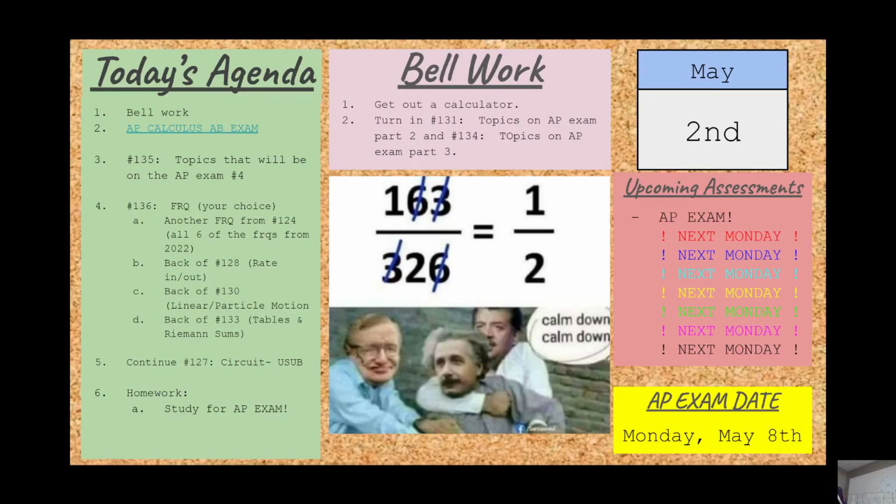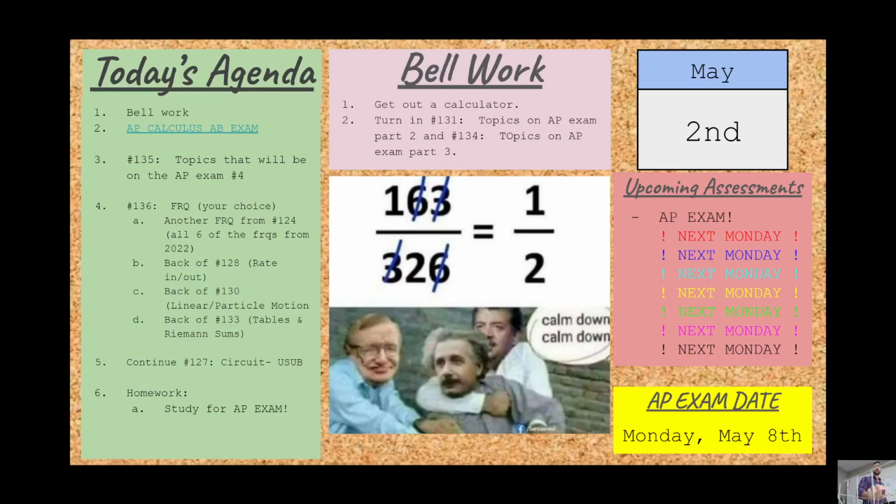Oh, our bells are turned off, but it should have gone off. So there are two assignments I'd like to give you some points for, 131 and 134. 131 was topics that will be on the AP exam part 2. I didn't collect that last time because we didn't do the last page until last class.